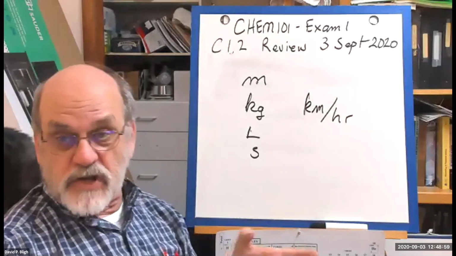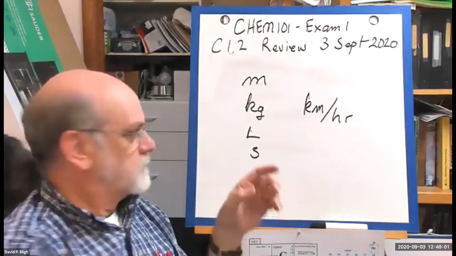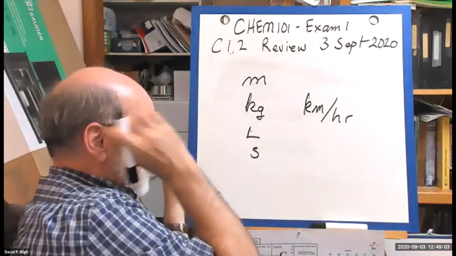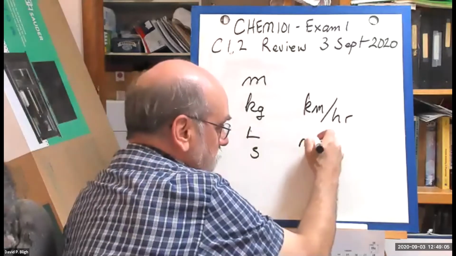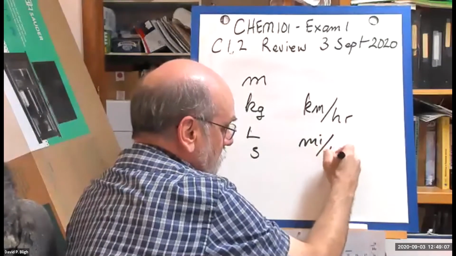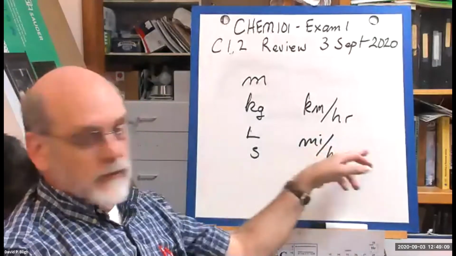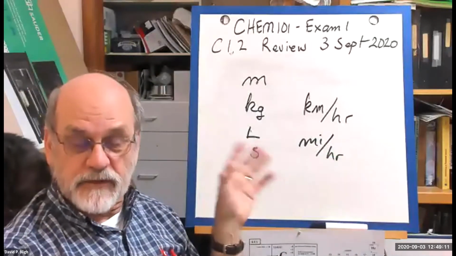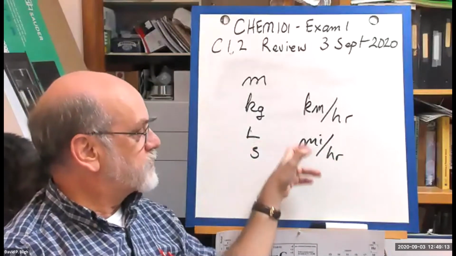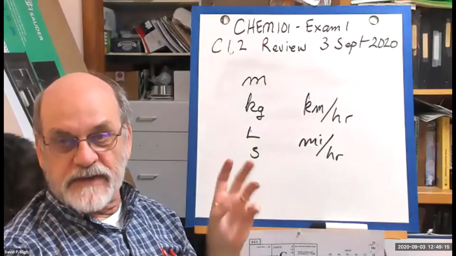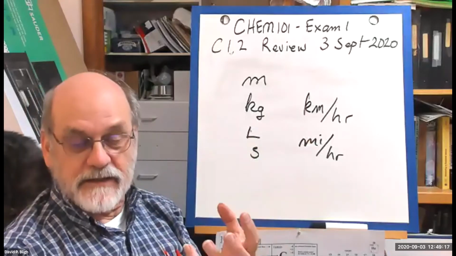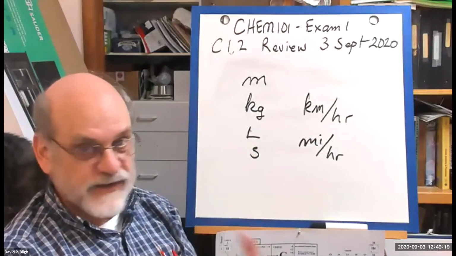Now, has your speed changed? No. If I'm going a certain number of miles per hour, I'm still going the same speed, whether it's measured this way or this way. So the physical reality, the speed, is the same.